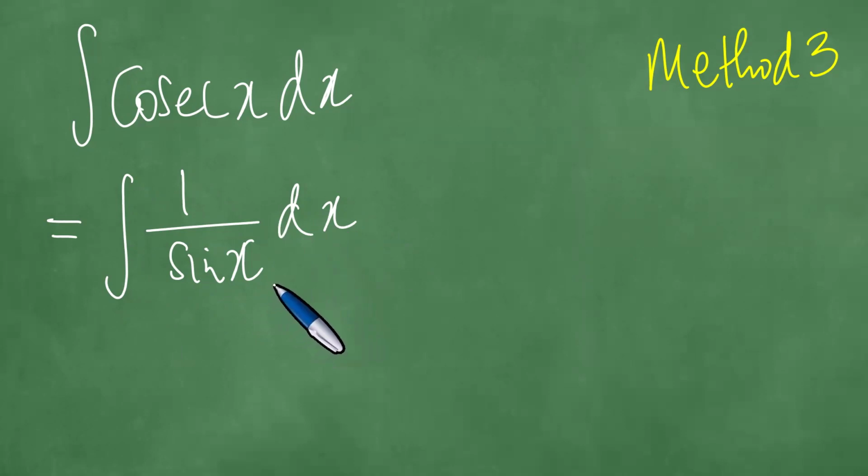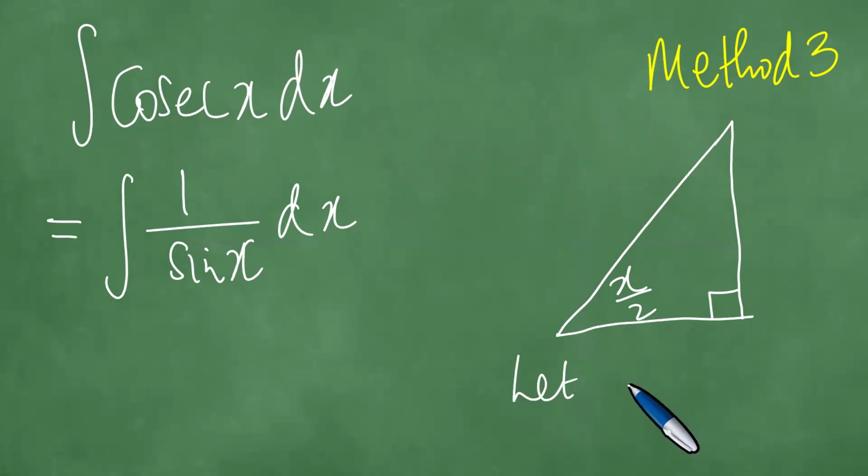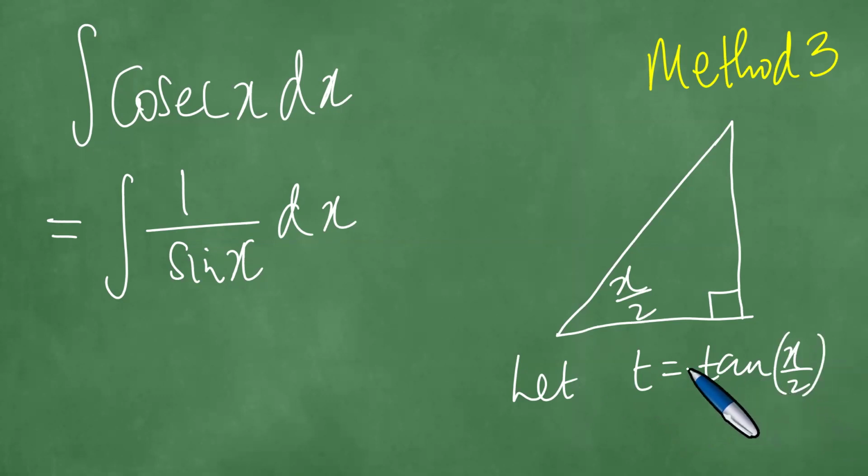And now we have this. Right, so you can put x over 2 here, and use the substitution that says you can let t be the tangent of x over 2.